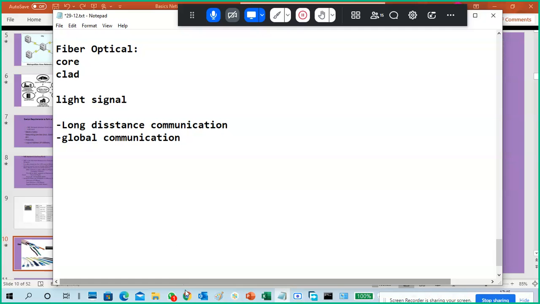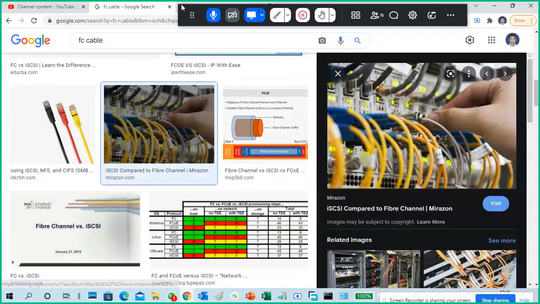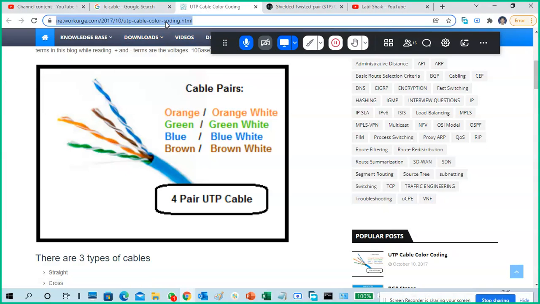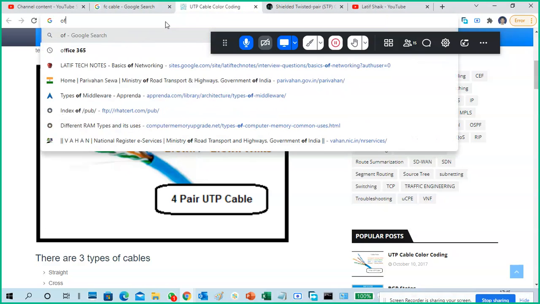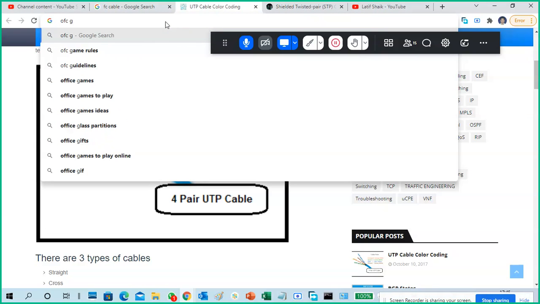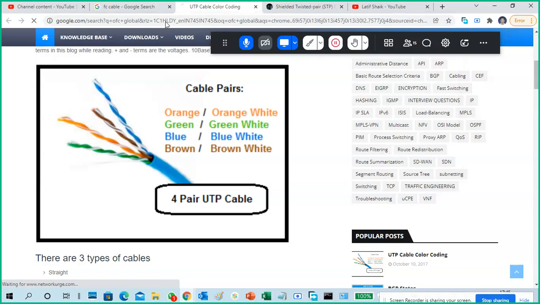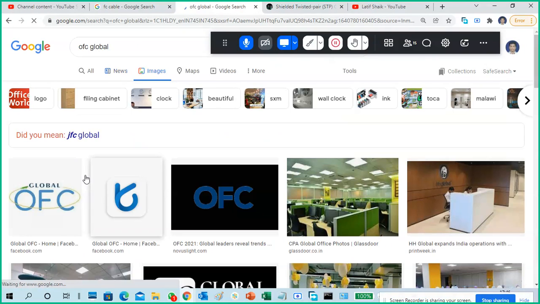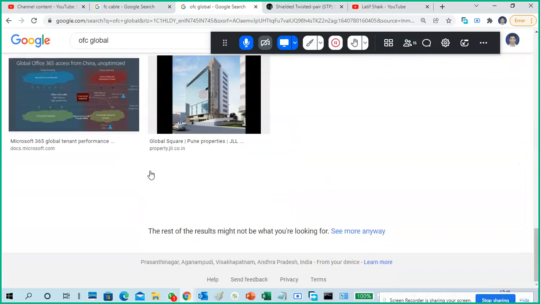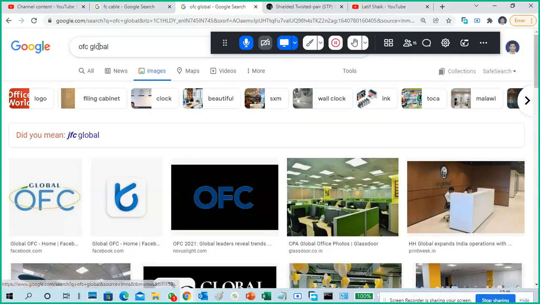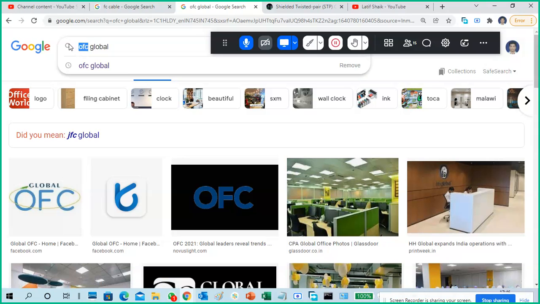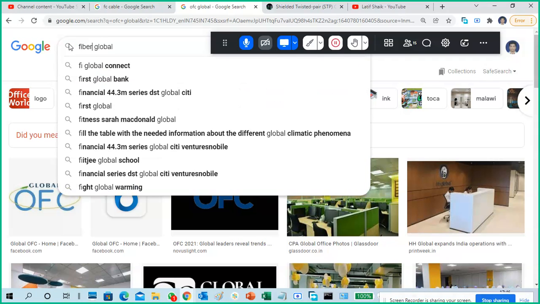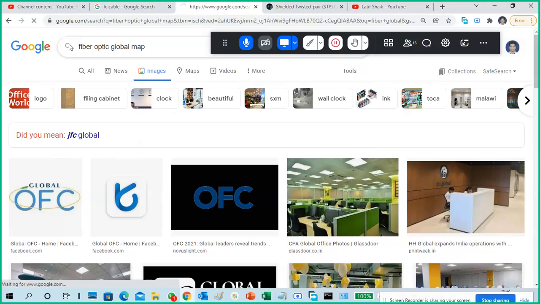So when you go to Google, guys, you can also try this one. Okay, here I am typing: fiber optical global map.